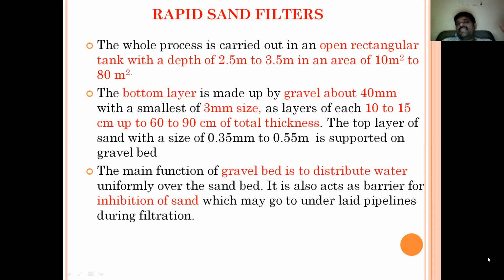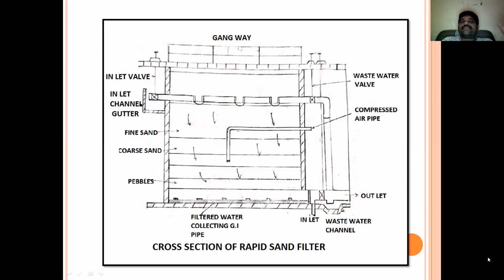The smallest is 3 mm, and the whole gravel bed is made up of layers, each 10 to 15 centimeters, to a total thickness of 60 to 90 centimeters. The main function of this gravel bed is to distribute water uniformly, and the gravel does not allow sand to enter the underlying pipelines. This is about the structure.